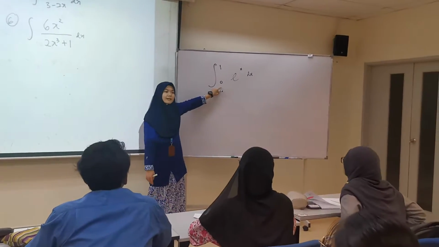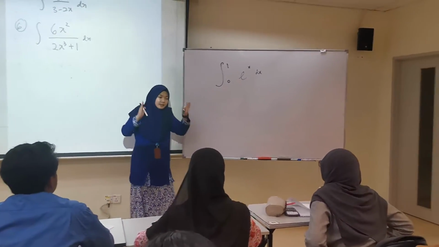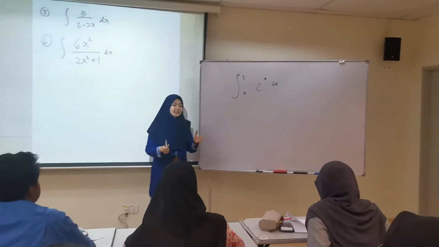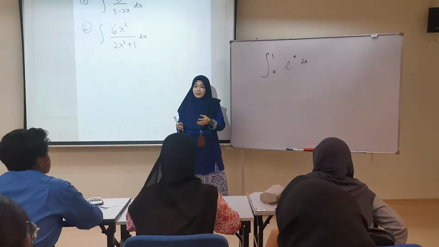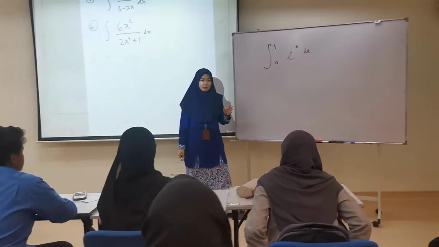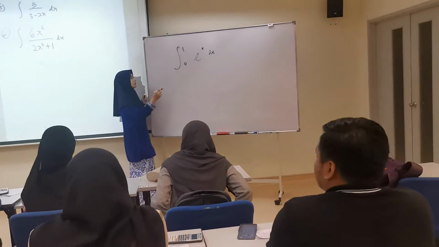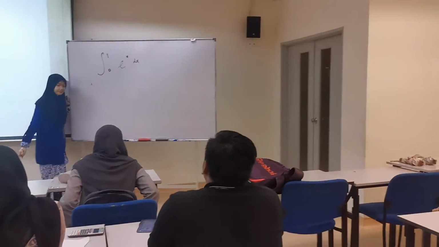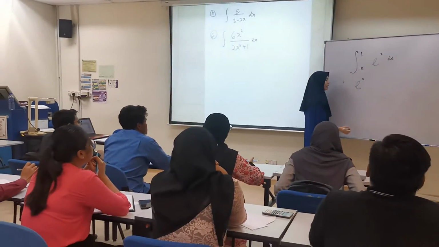Does someone know what this number is for? The range. In a graph, if you need to find area or volume, you will use it, right? So simply, we learn that integrating e to the x becomes e to the x. Why don't we have plus C?